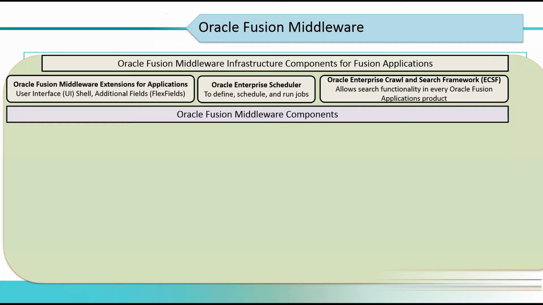That's why they are defined separately in the middleware as the Fusion Middleware infrastructure components for Fusion applications. Next, what are the Fusion Middleware components? These middleware components are used not only for the Fusion applications, but also for any custom application that you define.